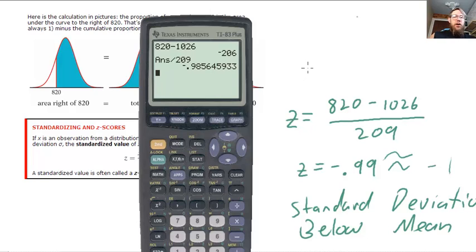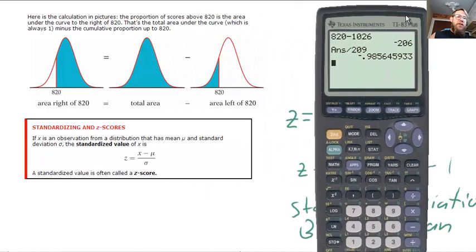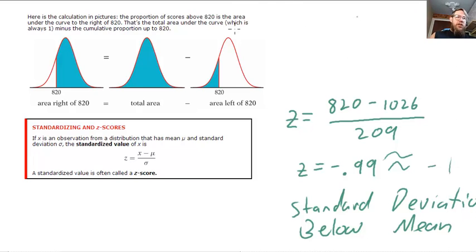So the z-score allows you to take two unlike things, could be anything, weight versus height, and standardize those into units of standard deviations. Now our z-score is negative 0.99. That's how many standard deviations. So we're in units of standard deviations, and now we can compare unlike things, and that's the great value of the z-score.